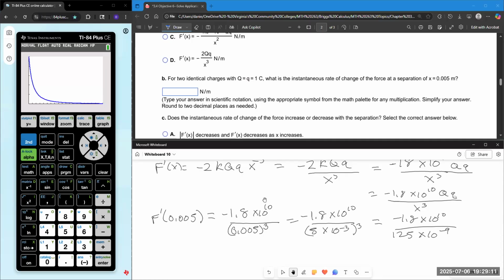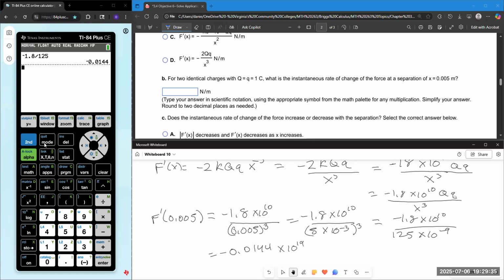So this is going to be negative 1.8 divided by 125, which is negative 0.0144 times 10 to the 19th.